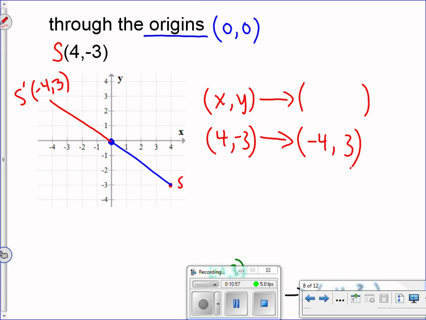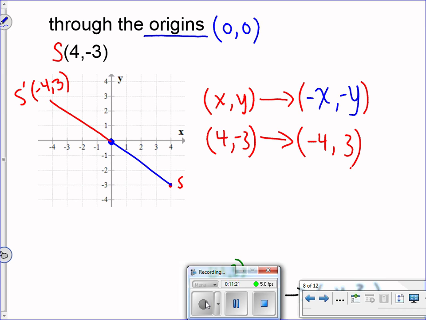See if you can come up with the rule, like we have in the past. Go ahead and put me on pause and see if you can come up with that. Well, that looks like it to me. It takes the x and takes the opposite of the x, and takes the y and takes the opposite of that. And that will be the rule for reflecting through 0, 0.